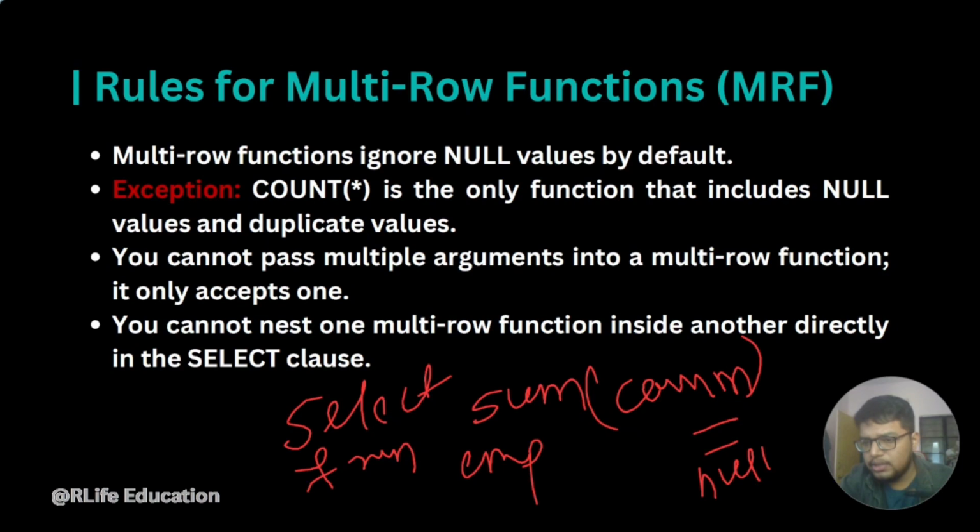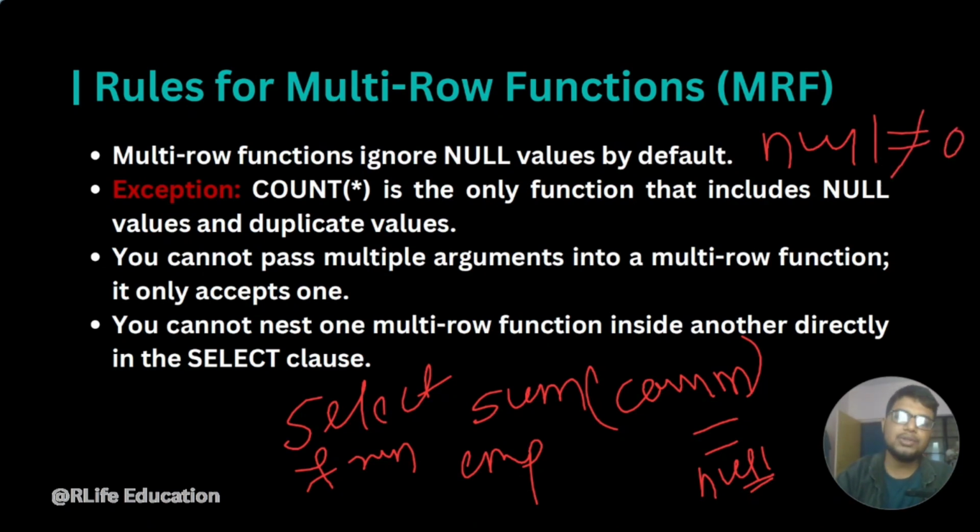If it includes this null, how can you add this? Along with a number, you are not able to add a null because null is nothing. Null is not equal to 0. This is quite an important thing. Many of you make one mistake. Null means nothing, and you might assume nothing means 0. No. 0 has some value.